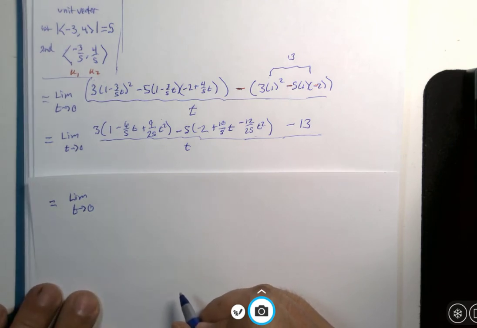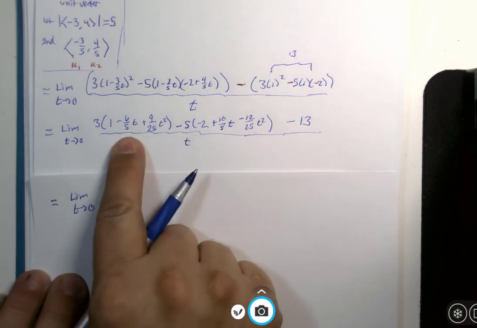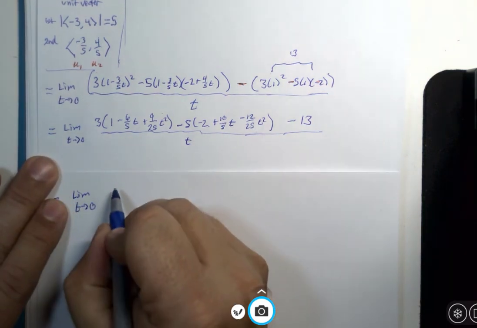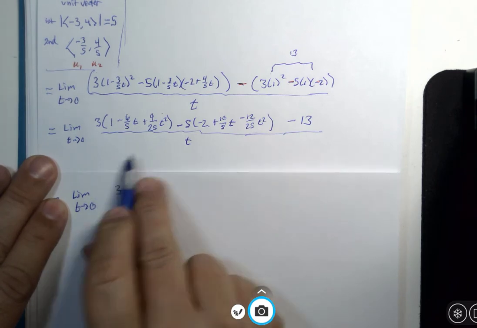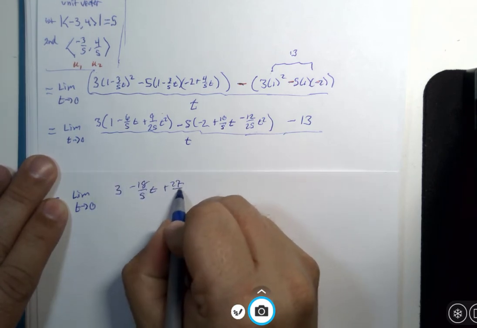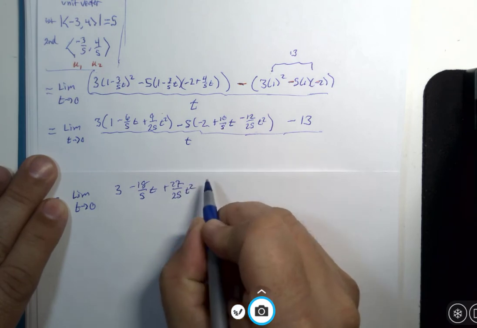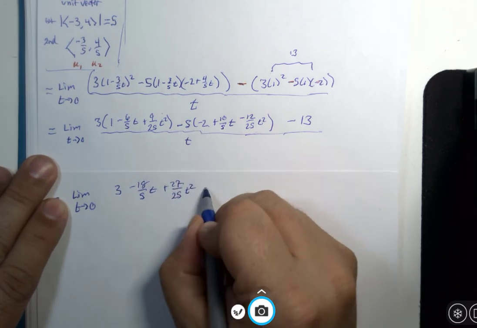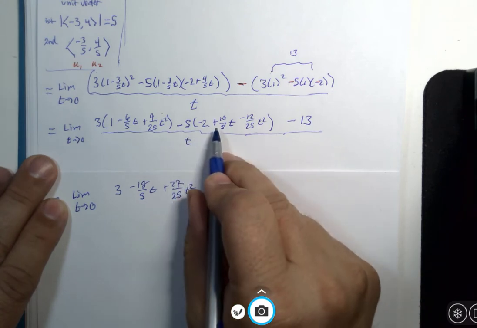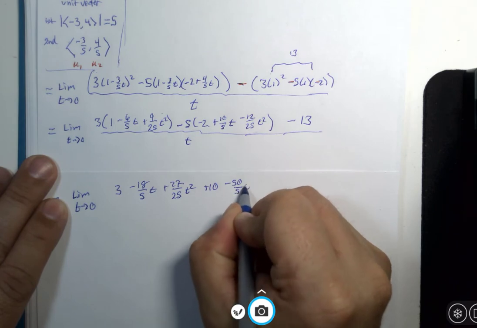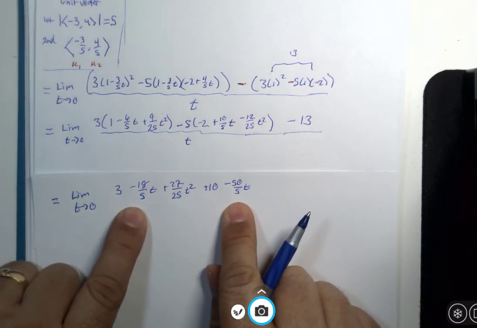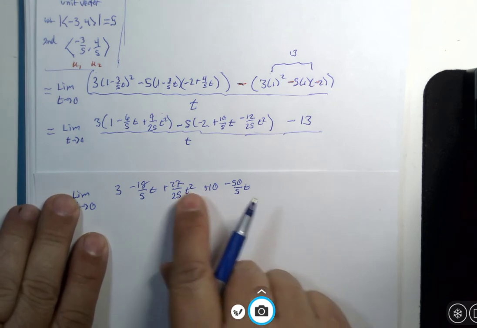This should not be difficult, but again, I might have gone too quickly, and it might still be categorized as annoying. So we're going to have here 3 times 1 minus 18/5 t plus 27 over 25 t squared, minus a negative would be plus 10 minus 50/5 t, because I'm eventually going to want to combine these together, so that's why I didn't reduce the fraction.